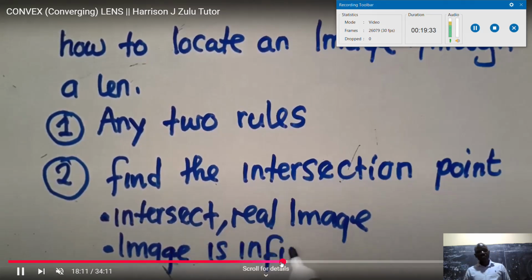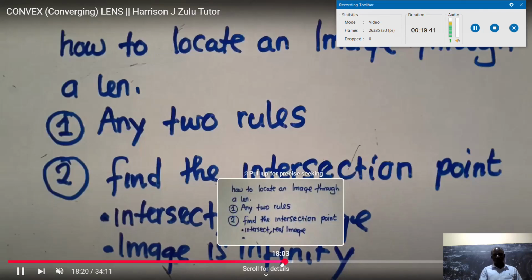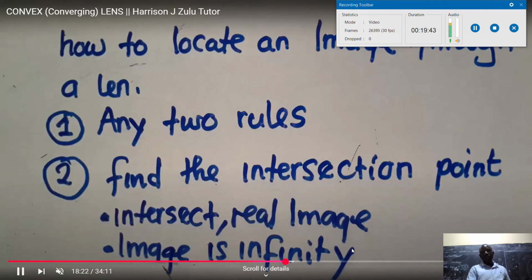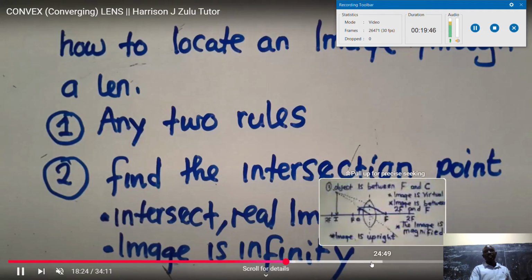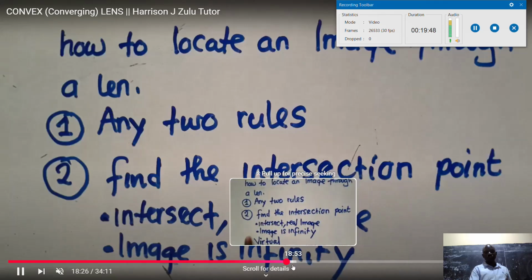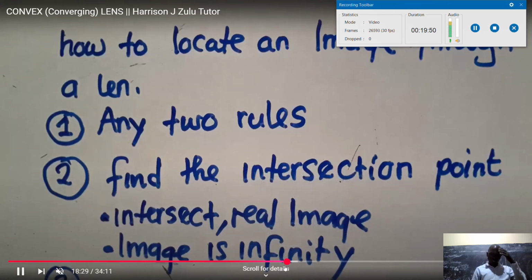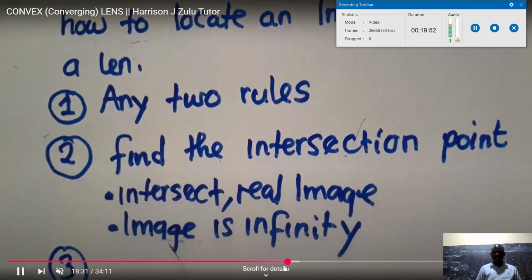So under this number 2, how can we find this image? We're saying 1, where the 2 refracted rays meet gives the position of the image, and this image can either be real or virtual.